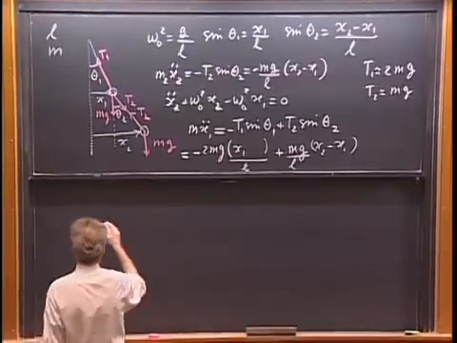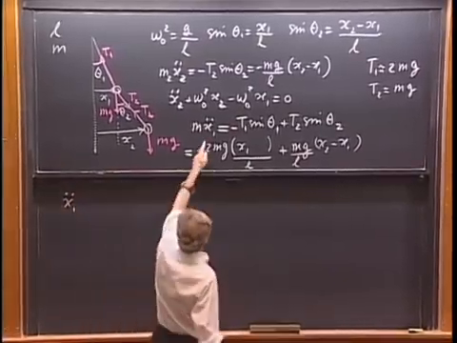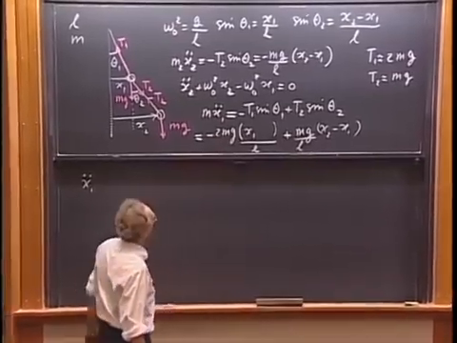And when I do that, I will come out here, x1 double dot. It's this one. Here the m goes, g over L becomes omega 0 squared.